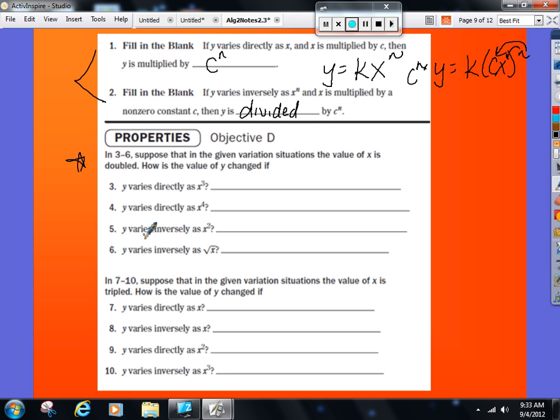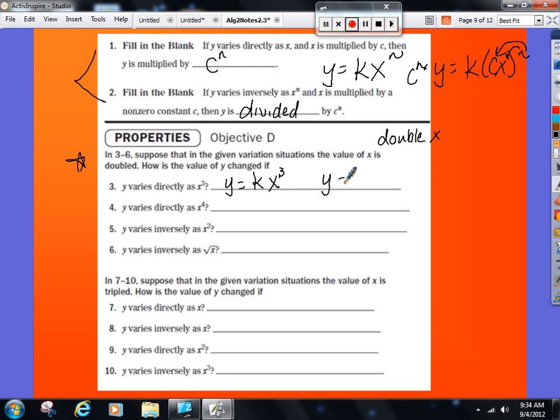Suppose that in a given variation situation, the value of x is doubled. How will y change in these cases? We're always going to double x on all of these. Y varies directly as x to the third, so I'm going to write down the equation, y equals kx to the third. If I double x, what do I have to do to y?